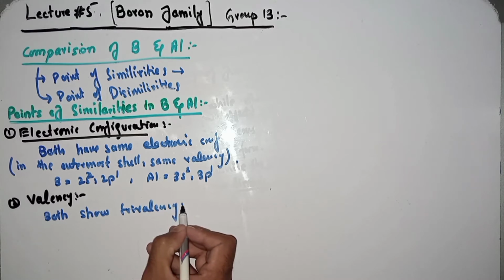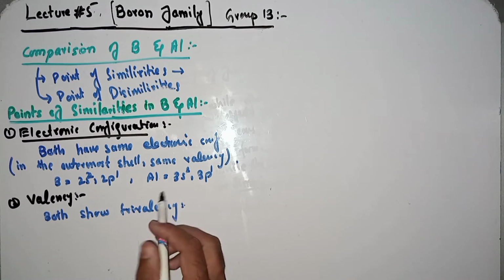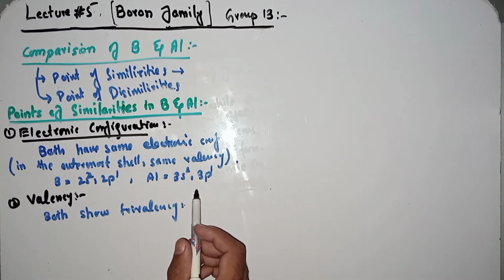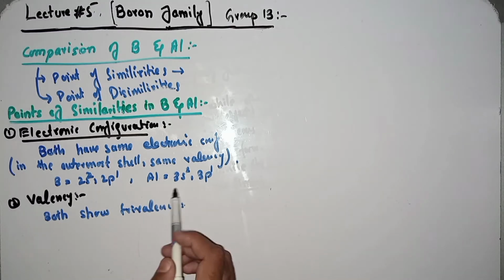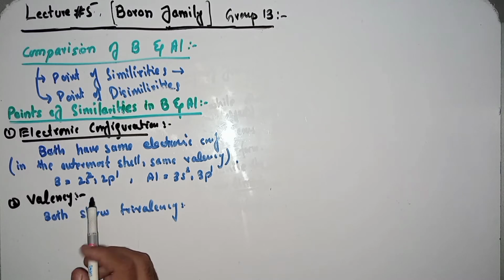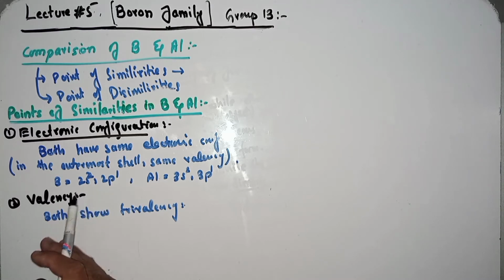Trivalency means the number of electrons in the valence shell that can be shared. In the case of aluminum, there are 3 electrons in the valence shell that can be shared, so its valency is 3. In the case of boron, it also has valency 3, because 3 electrons are present in the valence shell that can be shared.